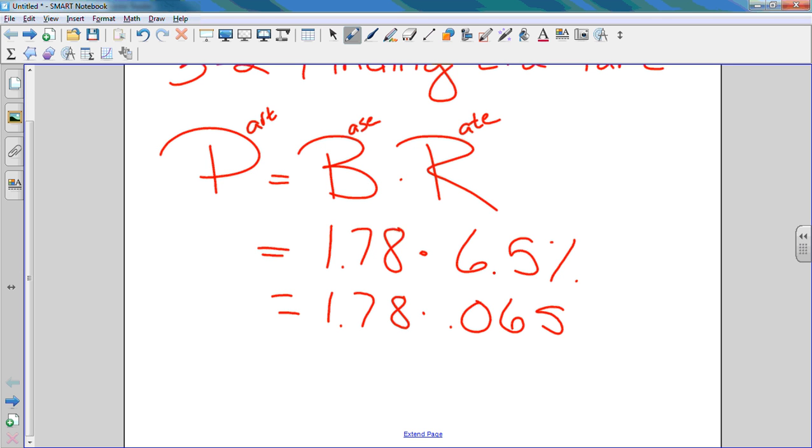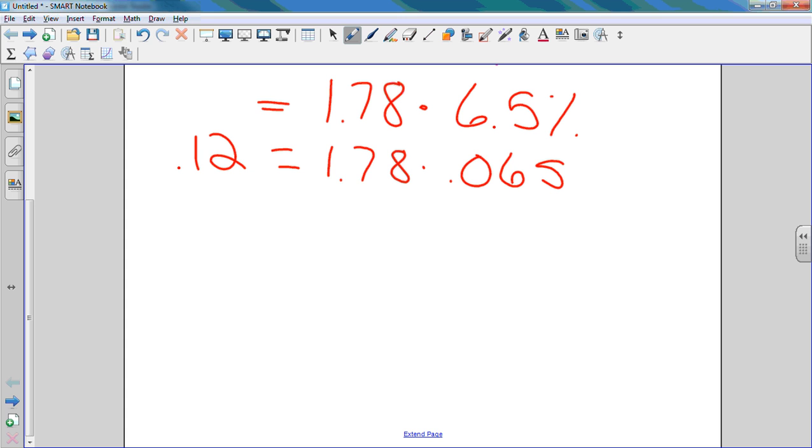What does that round to? If you're thinking of dollars and cents? Yeah, it's like $0.12, so you're paying 12 cents more. So I bet you pay 12 cents for tax. So what did you pay total for your Monster? $1.78 plus 12 cents.